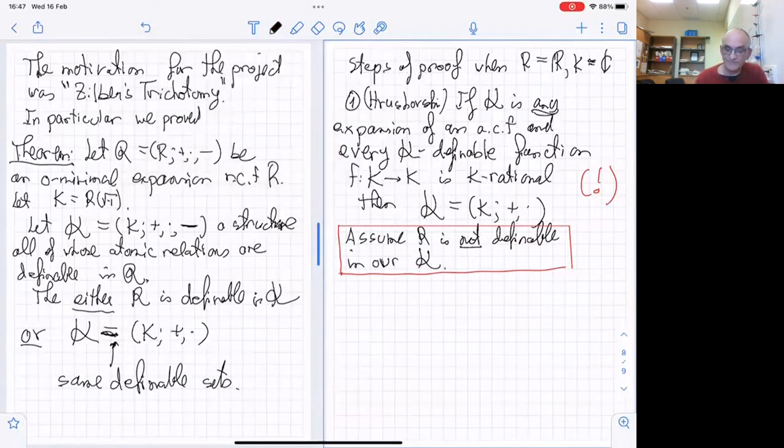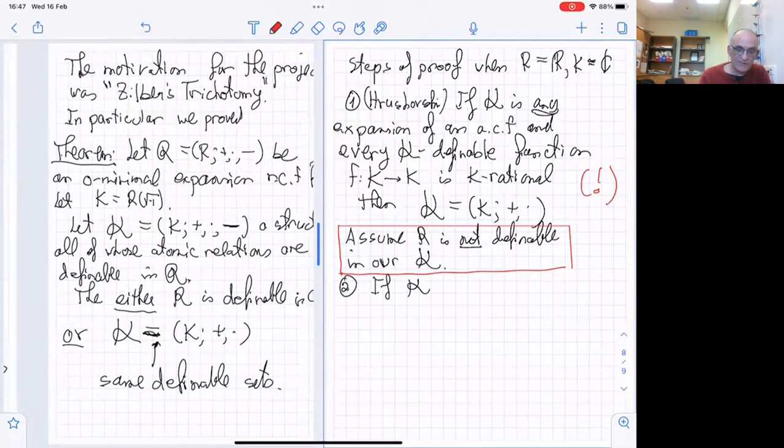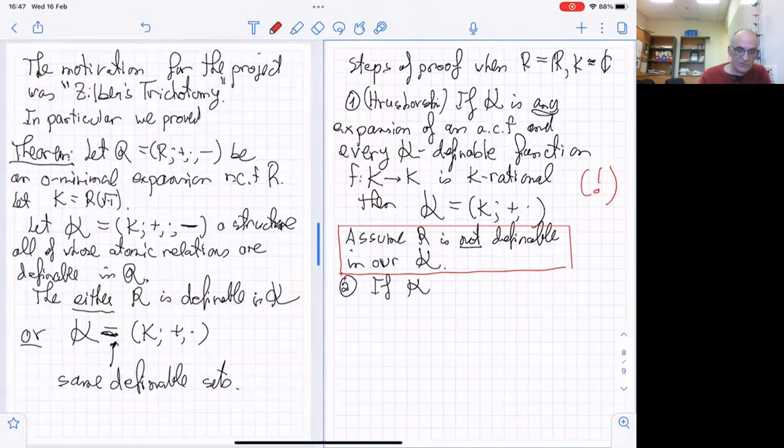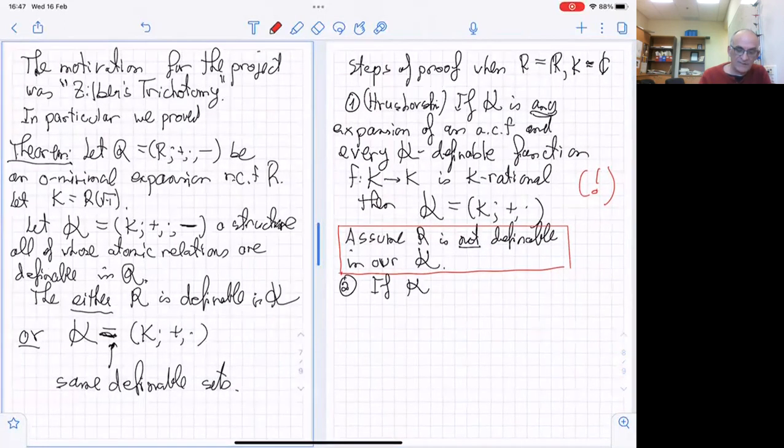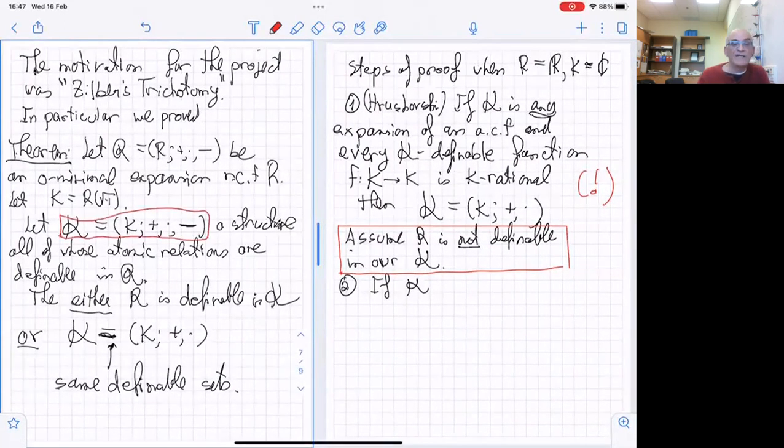Step 2. If we knew that K, now I'm talking about, let me just clarify, I'm talking about this K, the K that expands the algebraically closed field and has o-minimal sets in it.